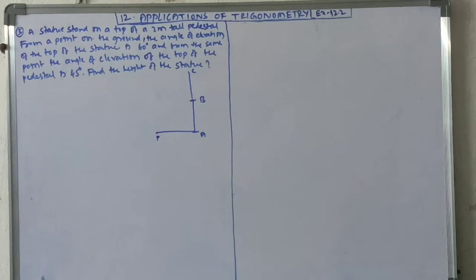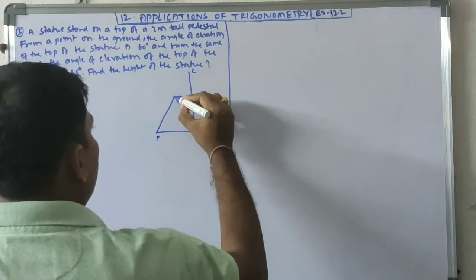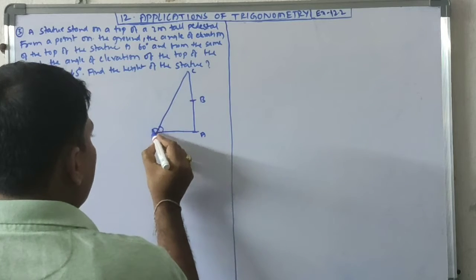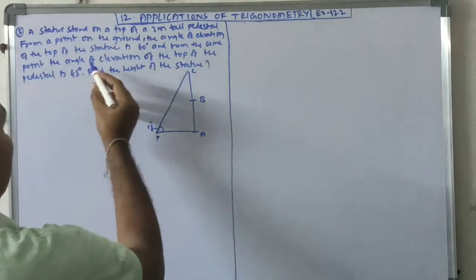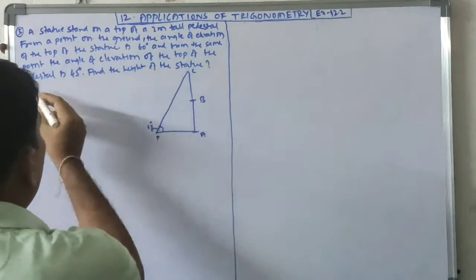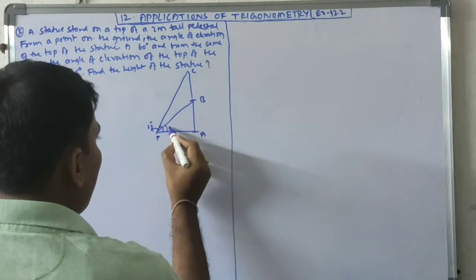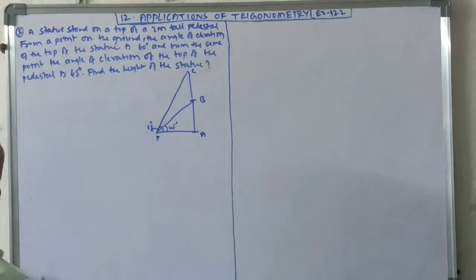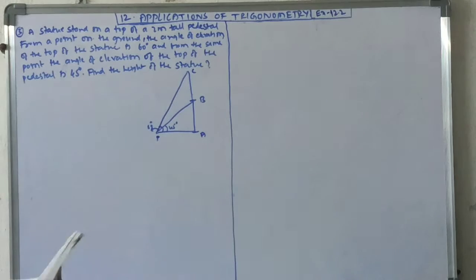The angle of elevation of the statue is 60 degrees, and from the same point, the angle of elevation of the top of the pedestal is 45 degrees. What is the height of the statue? We need to find the height of BC.